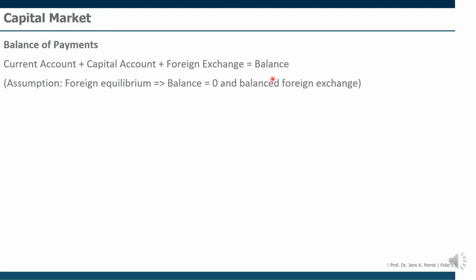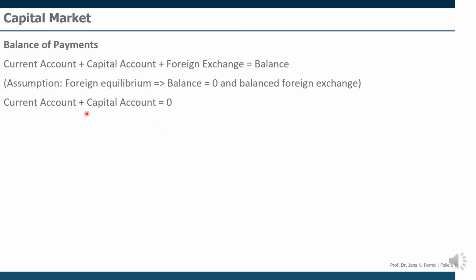This will simplify to this, that the sum of the current account and the capital account has to be 0. This would be foreign exchange or foreign economic equilibrium.